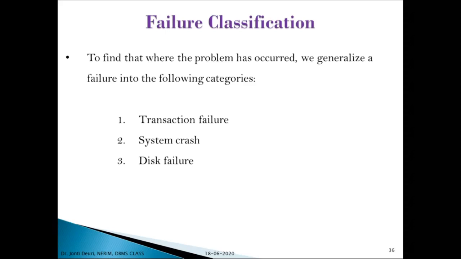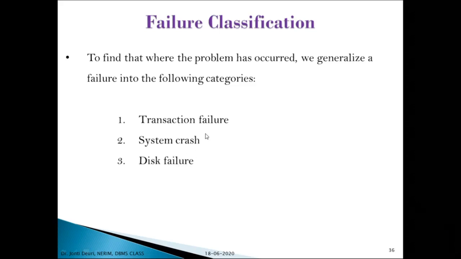Say you are executing one process; that process can fail, or sometimes it can succeed, right? So for the failure classification, there are different types of failure. They are transaction failure, system crash, and disk failure.